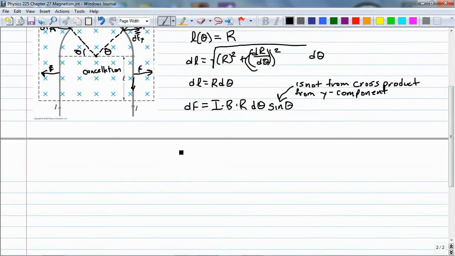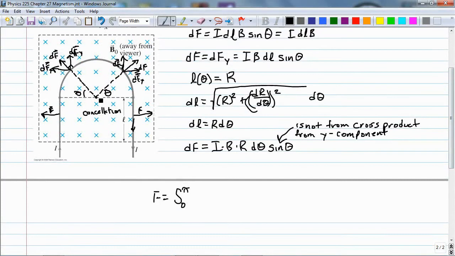Now we're ready, we can make an integral. So we'll have an integral, that'll make this equal to F, 0 to pi. Now we are going to integrate from this side back against the current. The reason why we can do that is because we've already defined the cross product and the direction of the forces. And so now we get I, B, R sine theta d theta.